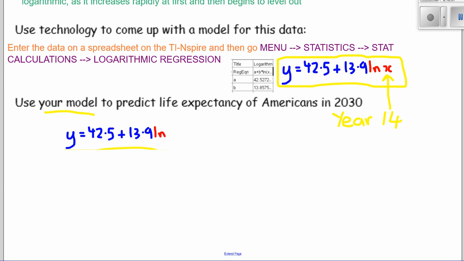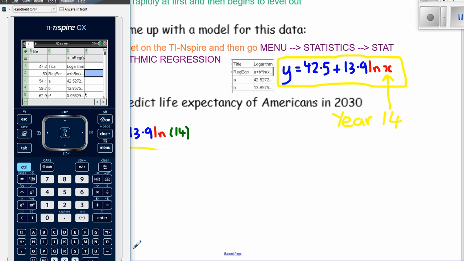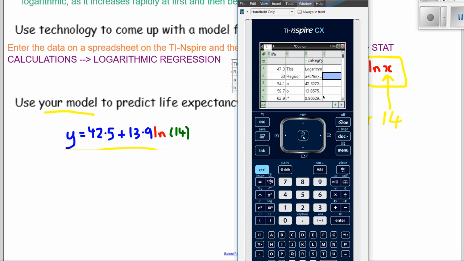Natural log of 14. You can just write ln 14, you don't need the bracket. It doesn't mean ln times 14, it means the log of 14. How would you plug that into a little calculator? Here's our cute little calculator.